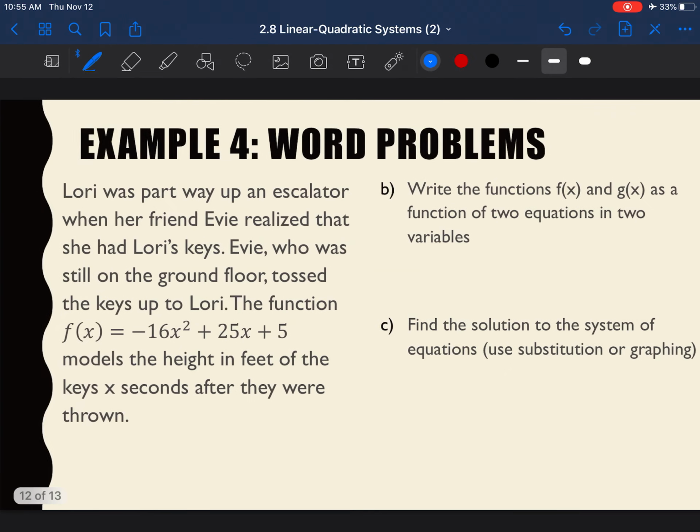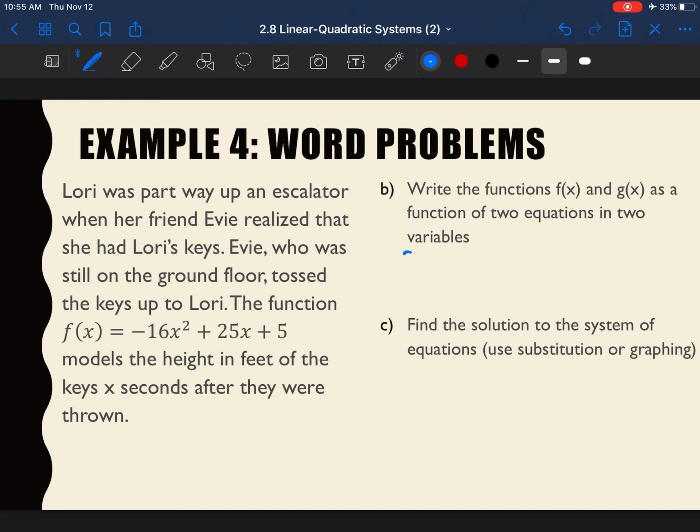Okay, now we're going to use those in order to figure out what it's eventually asking for. So part B of the question says write the functions as a system of two equations. So that means basically just change the f of x to a y.